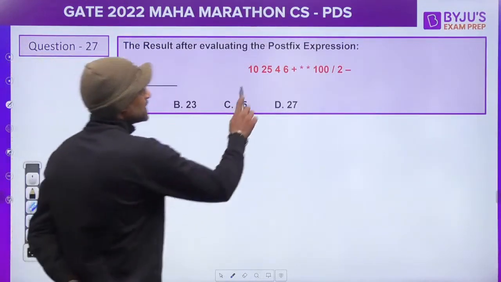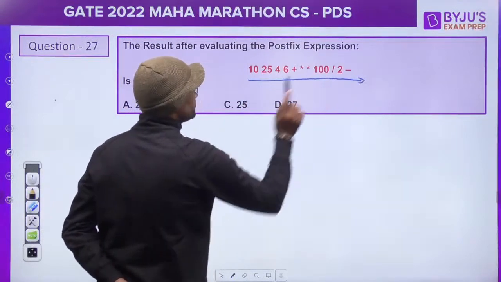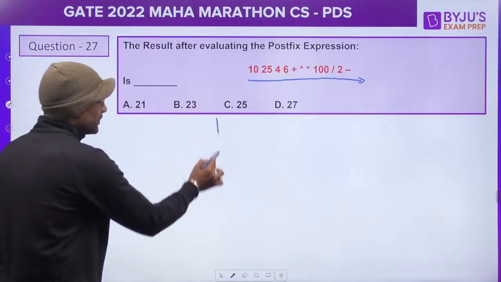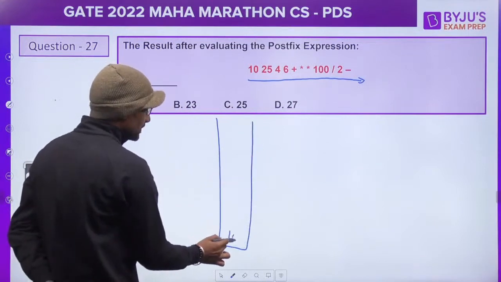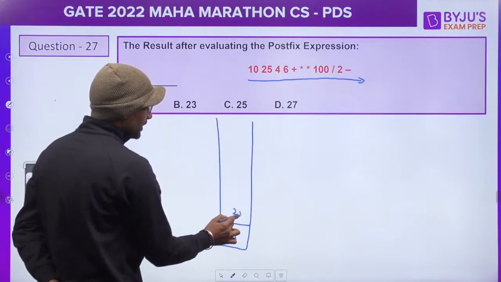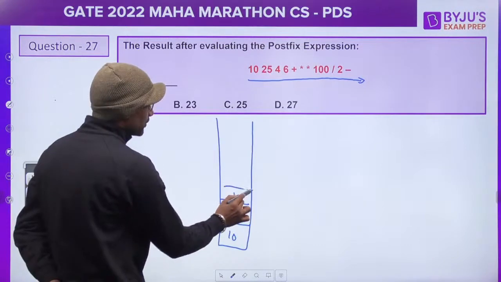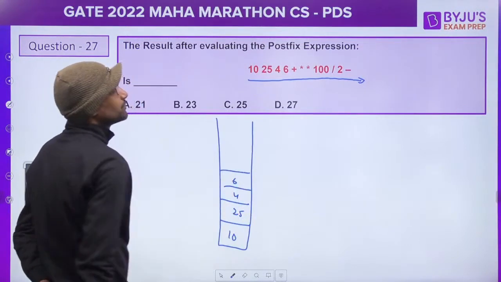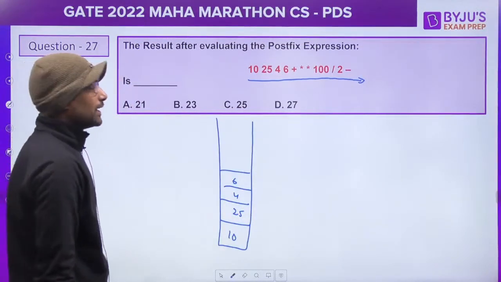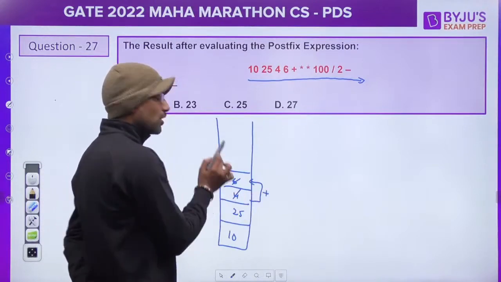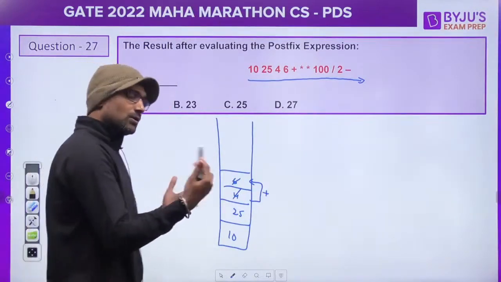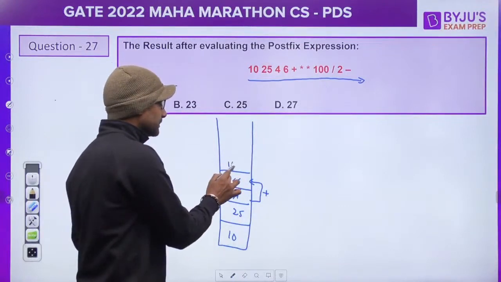What do we do? Scan from left to right. If you get an operand, simply push it onto the stack. 10, 25, 4, 6. Now we have got addition. So how do you do it? 4 plus 6: pop 6, pop 4, do the operation, push back.